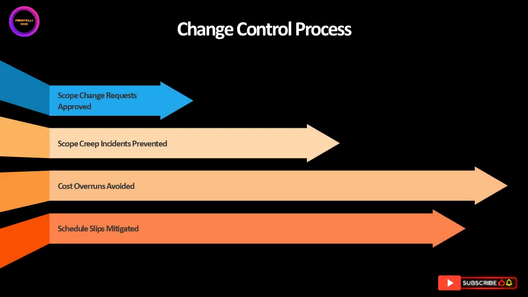To fight scope creep, you need a formal change control process, and the results will speak for themselves. You can formally approve necessary scope changes while preventing incidents of scope creep. This, in turn, helps you avoid cost overruns and mitigate schedule slips, keeping the project aligned with its original goals.